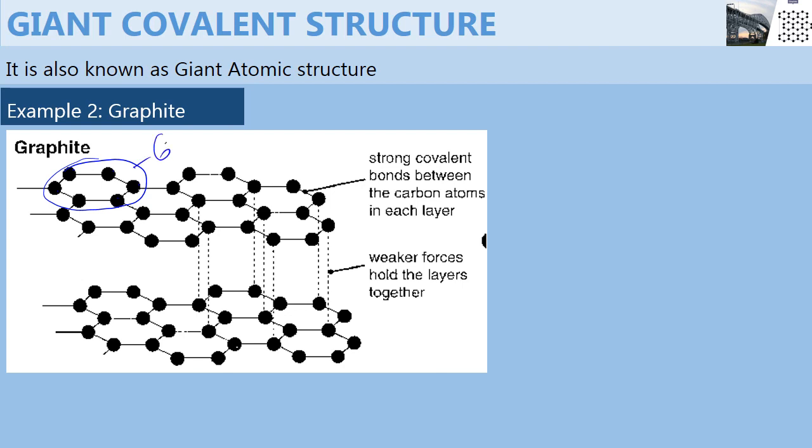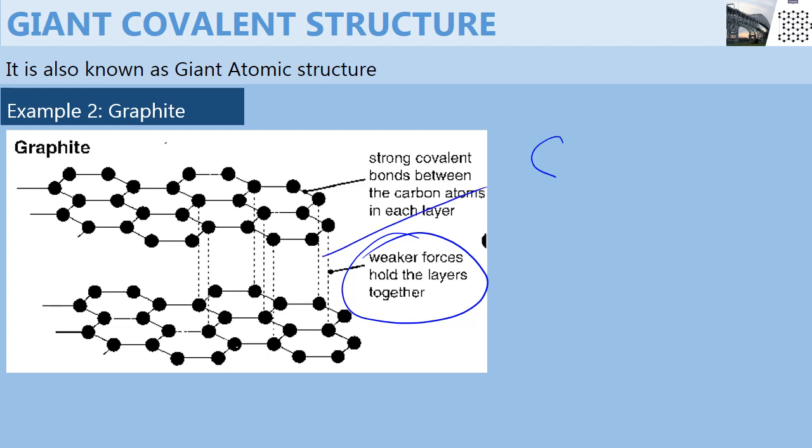This is a 6-sided structure, which means it is a hexagon. Since carbon is tetravalent, it has the arrangement 2, 4. Since 3 electrons are used in sharing, we have 1 extra electron left. In this case, the extra electron is responsible for bringing some weak van der Waals forces of attraction between the layers.